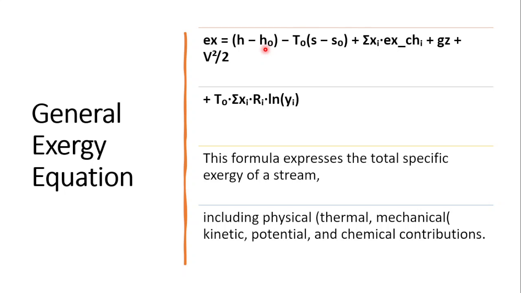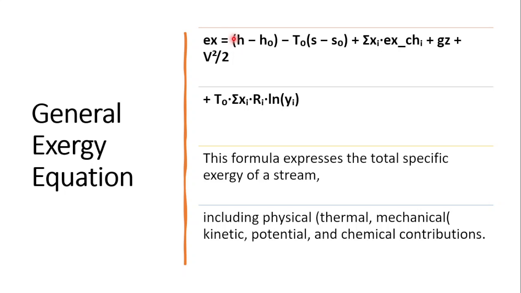For example, in many cases, a temperature of 20 or 25 degrees centigrade and a pressure of one atmosphere are the definition of the dead state.